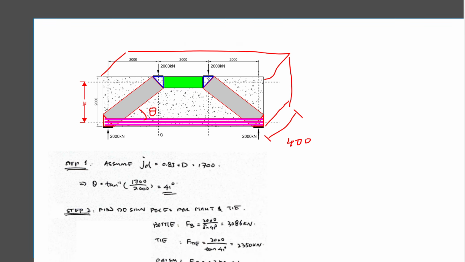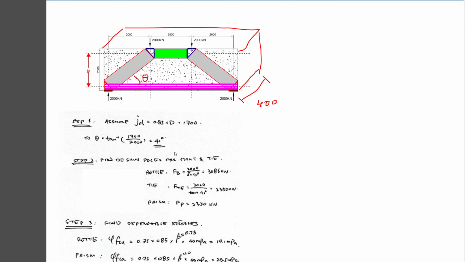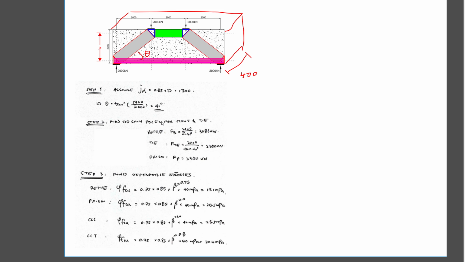Next we work out two things, from step 2 to step 3. Step 2 is to work out the member forces, the design forces for the members, which are the bottle struts, the prism strut and the tie. Once we've got the member forces, we need to look at the dependable stresses on the nodes, in other words the connections between the members.